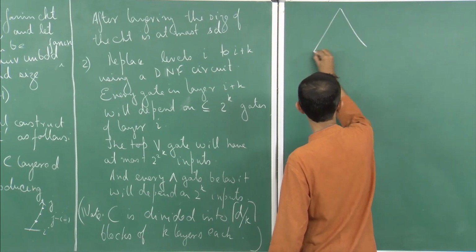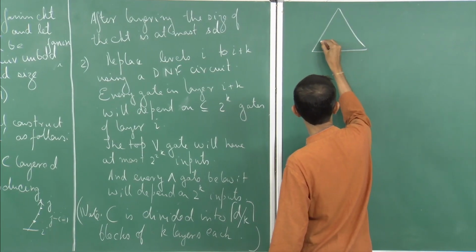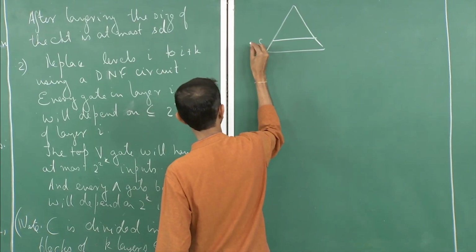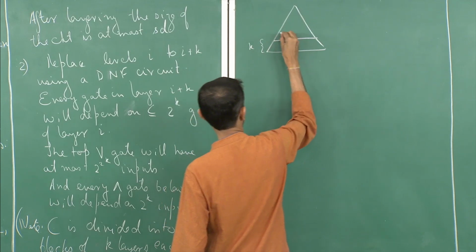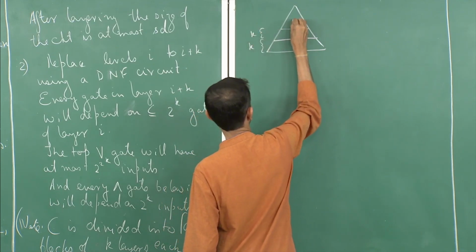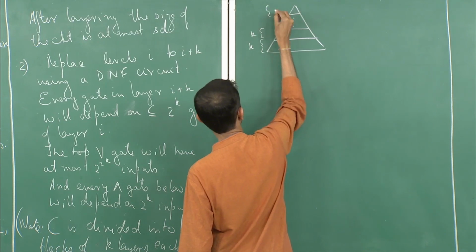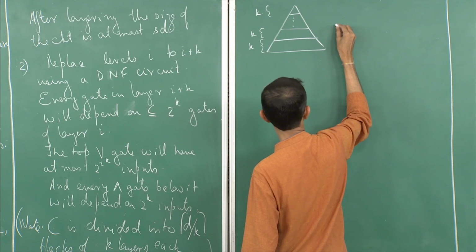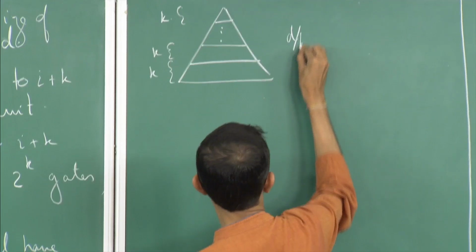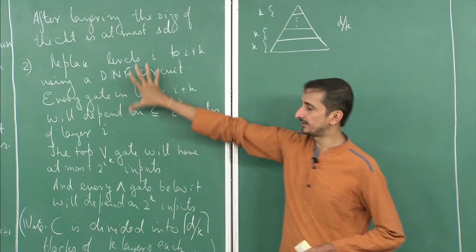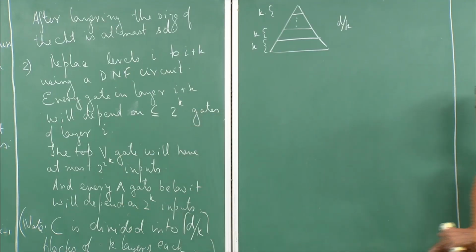This was my C. I have broken it down into the first block of K layers, then again K over here and so on, and the total number of such blocks is D by K. For each block I am doing this kind of replacement.